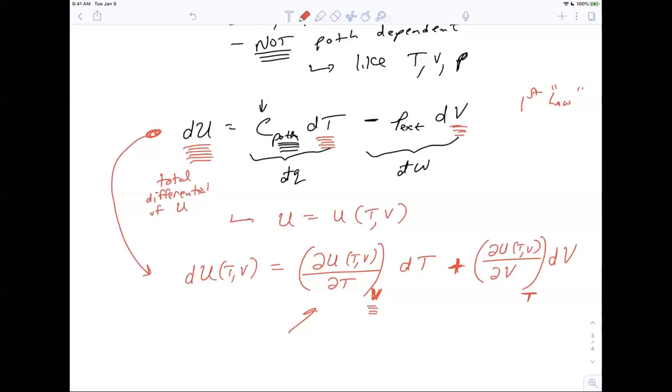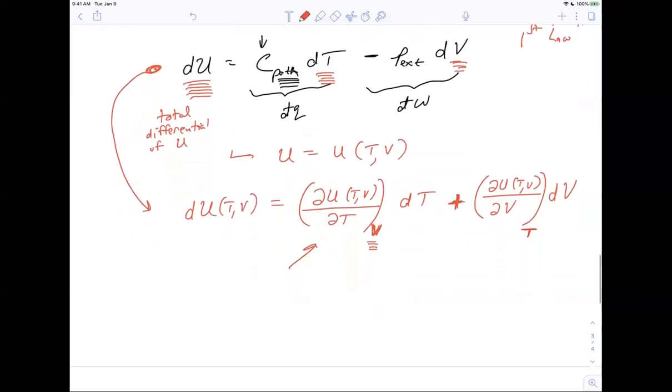So in this form, we see that the total change, or the total differential of U, which is given by this guy, that's in mathematical symbols, the total differential of U is written that way, is equal to the sum of the change in U arising from temperature changes and the change in U arising from volume changes.